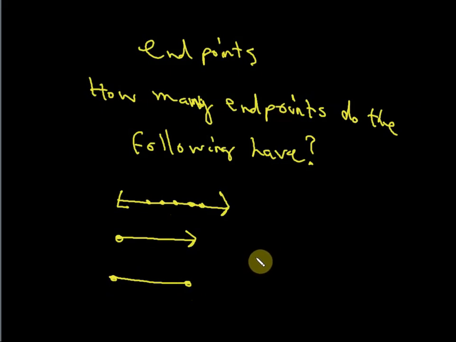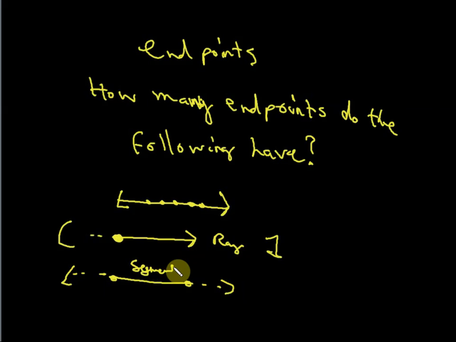So let's start with the ray. So this has 1. Remember, we're only taking a portion of this line. So the ray starts with 1 endpoint. Now, if we do not want to continue this line, we have a line segment.